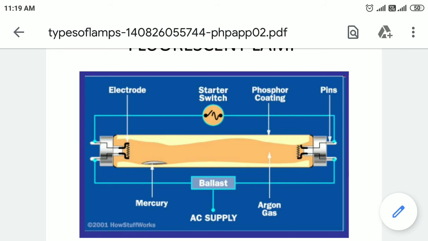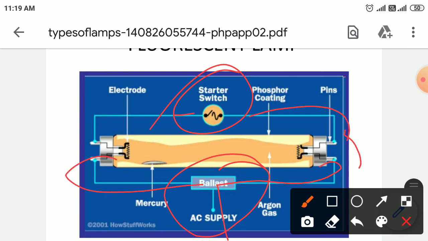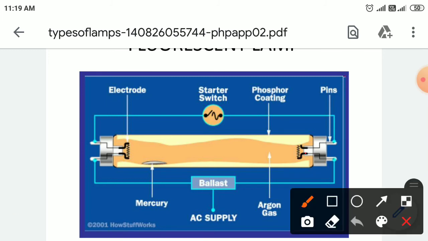A switch is given, and let's take an AC supply. Whenever the AC supply is given to the terminals of the electrodes and the switch is closed, the electrode heats up and produces electric current. That current is passed through the argon gas.